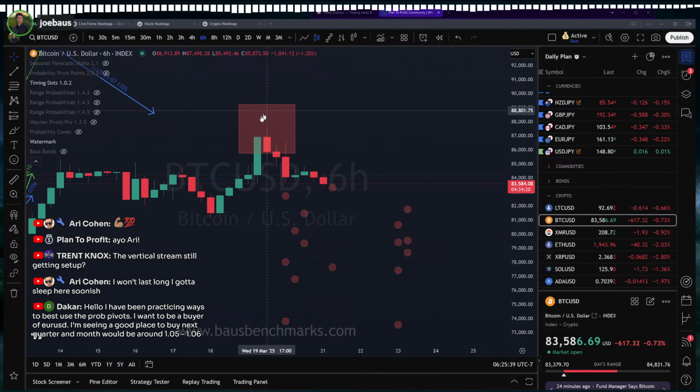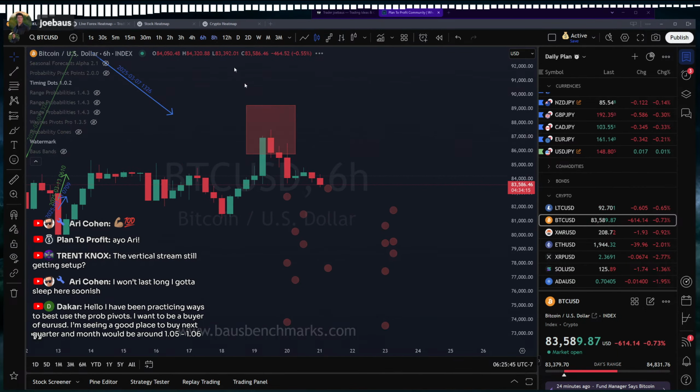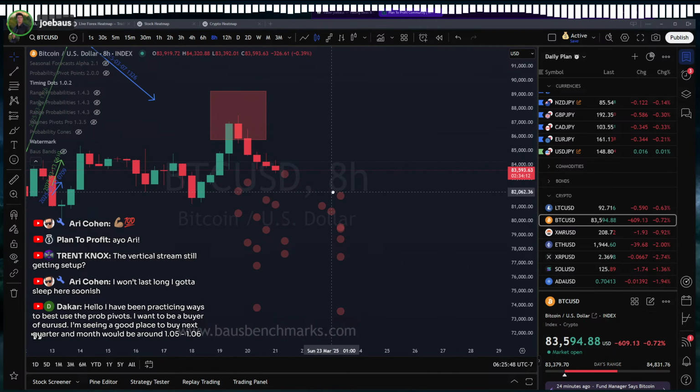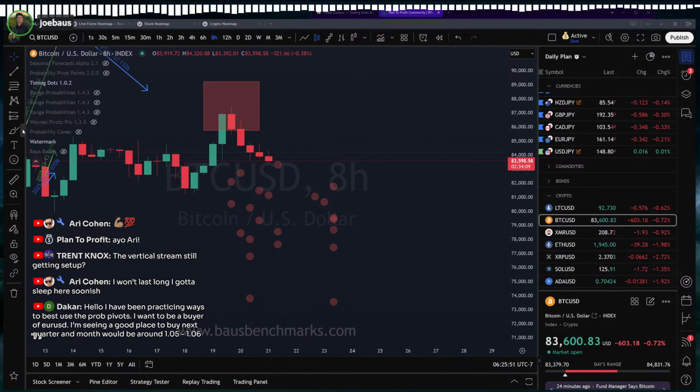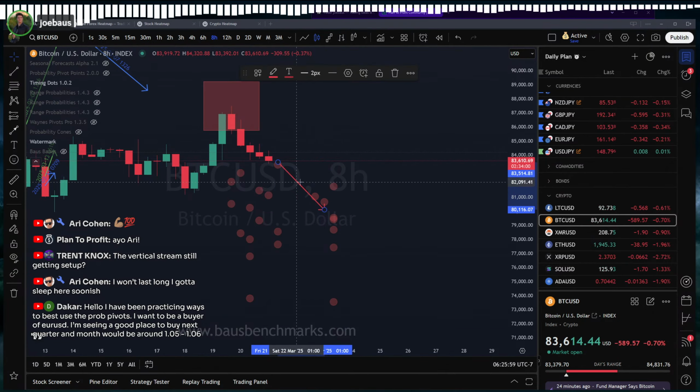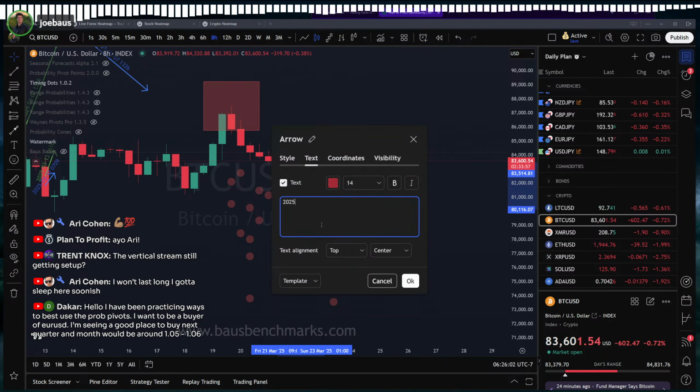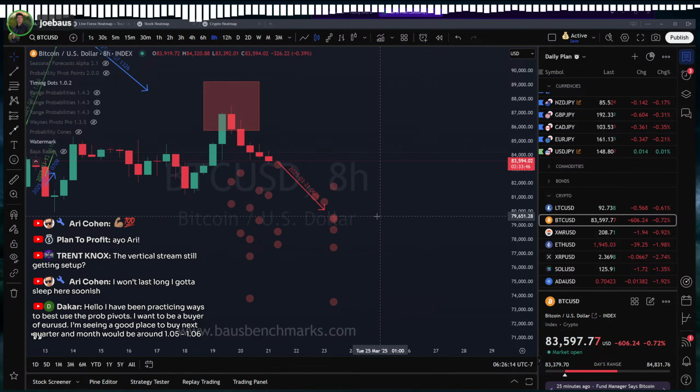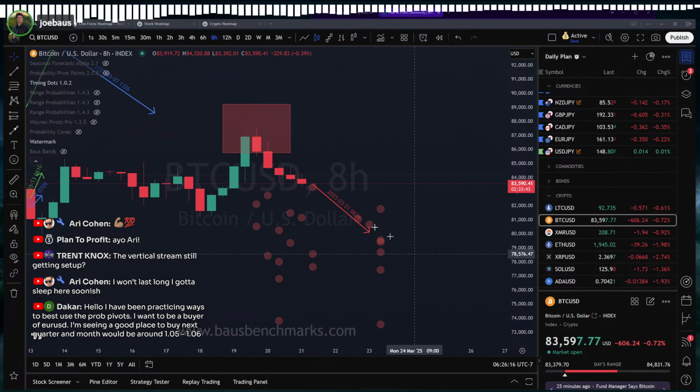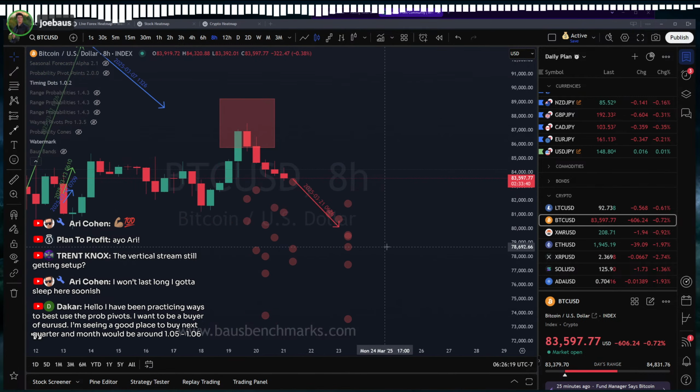So given a top for the week on Bitcoin, I wouldn't be surprised to see us do something along these lines going into the end of the week. So let's set that to red and timestamp our expectations so we can keep track of them over time. This is 06/26. Alrighty, so that's more or less an end of week expectation on Bitcoin.